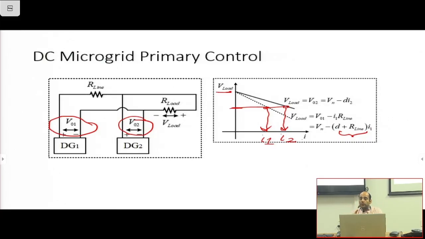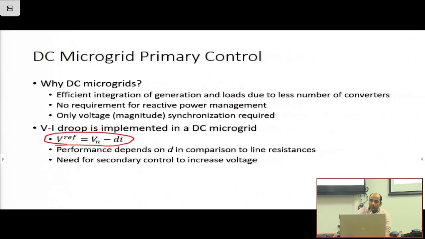That is only possible when you have a D which is very high compared to R line. But if you have a very high D, that means you have a very high slope, then the voltage will fall a lot, and therefore a DC microgrid with just primary control is usually not used. You will always have a secondary variable.